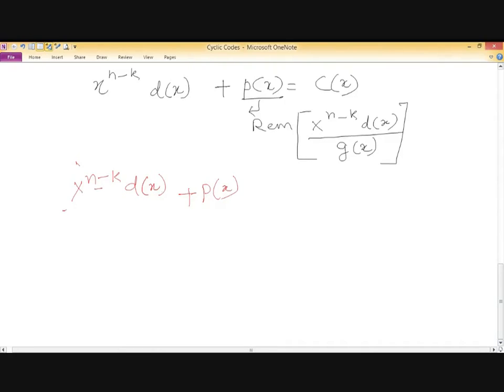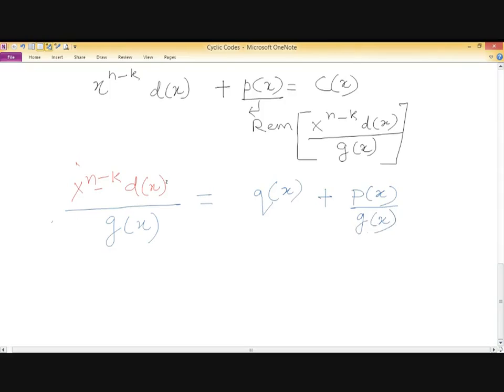So x to the power of n minus k d(x) divided by g(x), if I can go back. If I have shifted it and divide it by g(x), I will be getting a quotient and a remainder, just the derivation we have done.